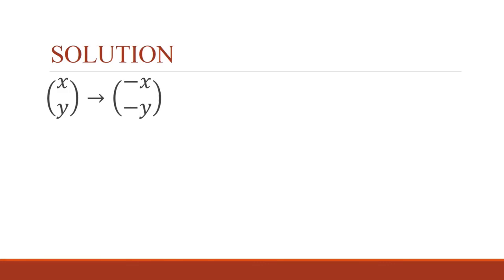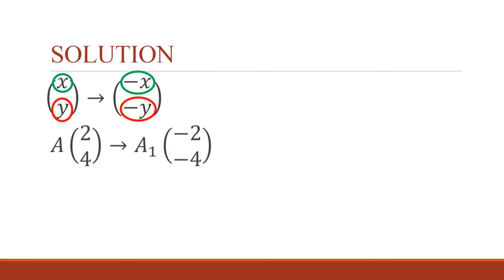Remember, rotation 180 degrees anticlockwise means that on the x-axis we are going to produce negative x, and on the y-axis we'll be producing negative y. The first point given to rotate was A(2, 4), meaning that we are going to negate both the x and y coordinate, and that will produce the image point A1, which is (-2, -4).